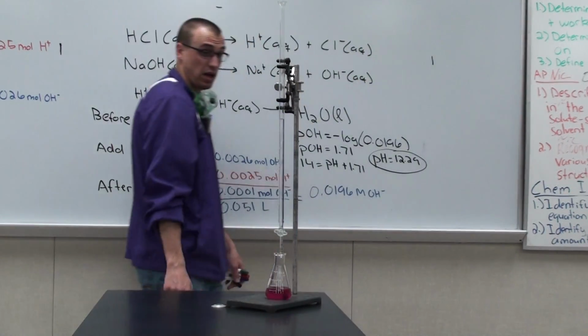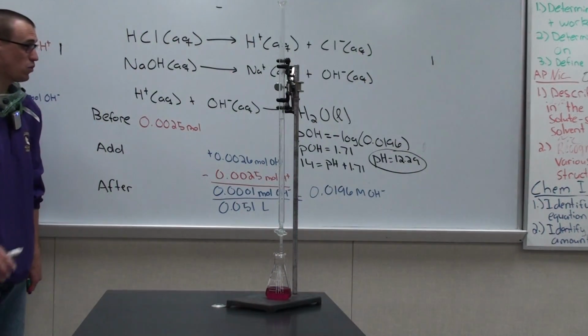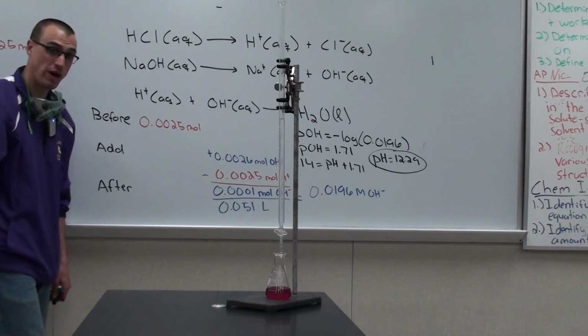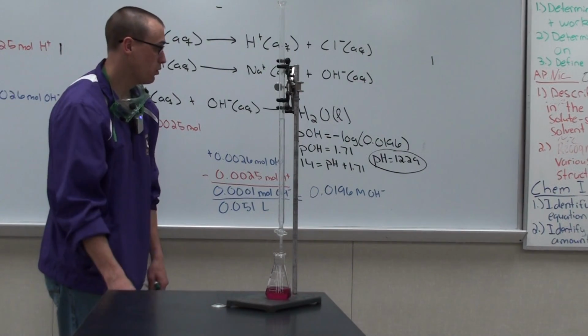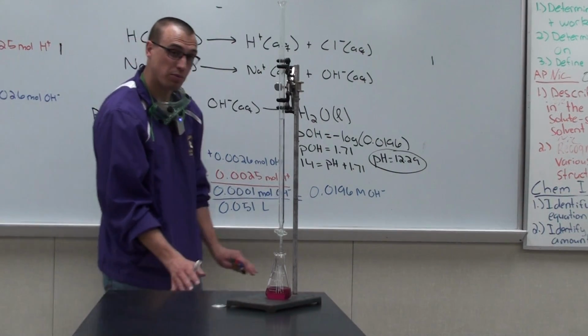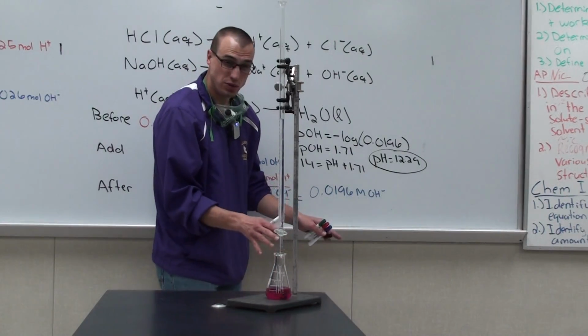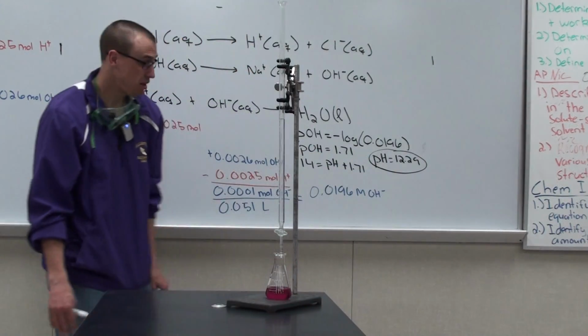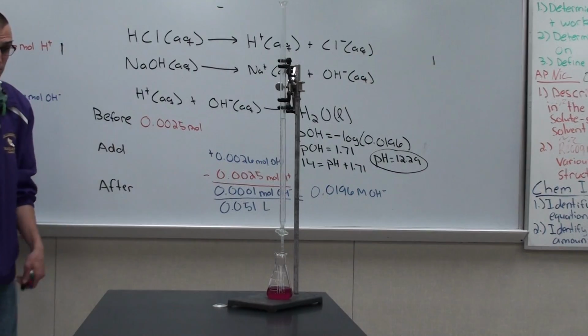So, in a matter of 2 milliliters of that 0.1 molar NaOH, we've gone from a pH of around 2 to now a pH of 11.3.